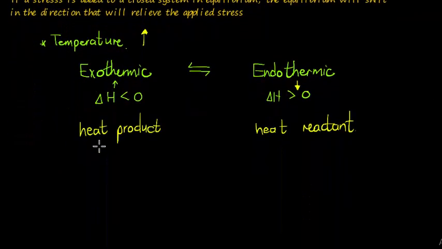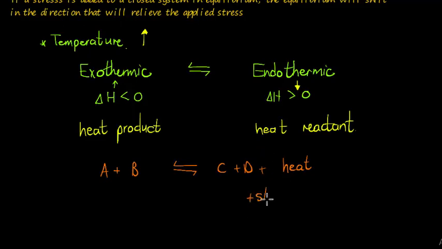So for example, in an exothermic reaction, I will have A plus B, forward and reverse reaction, C plus D plus heat. So if I were to add heat, in other words increase the temperature, I would be adding stress on the left hand side of this reaction.